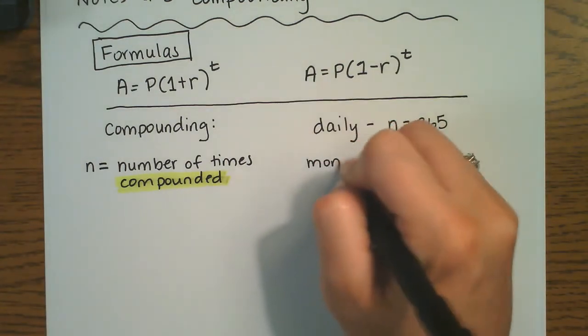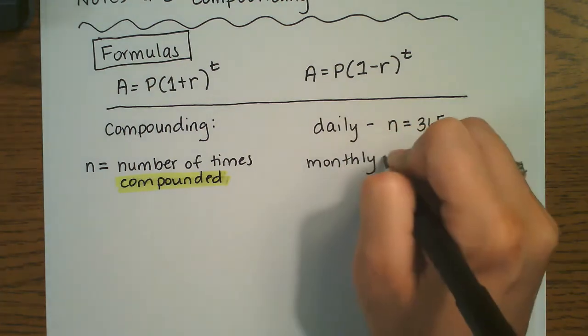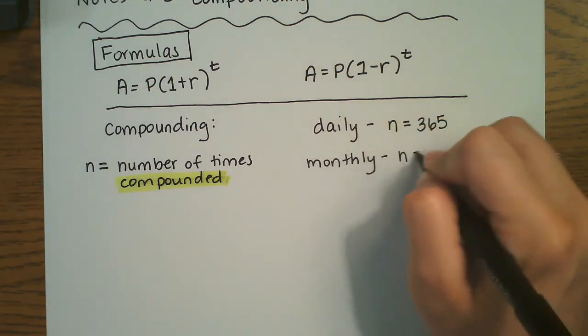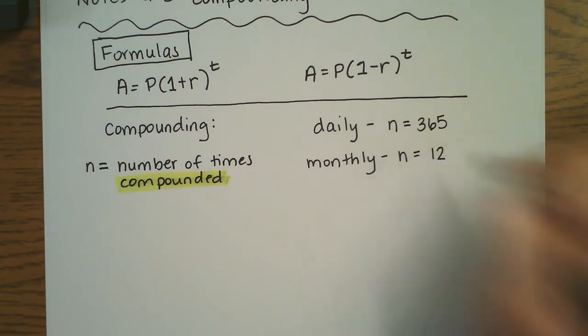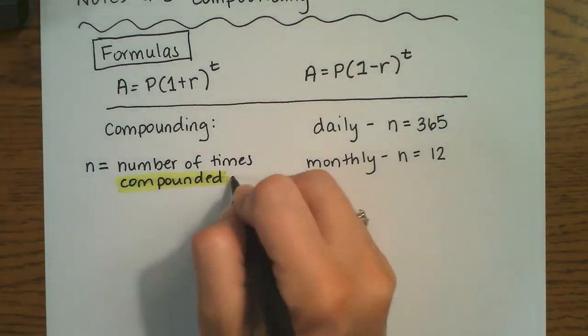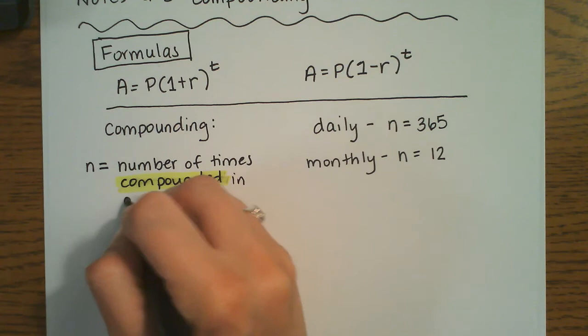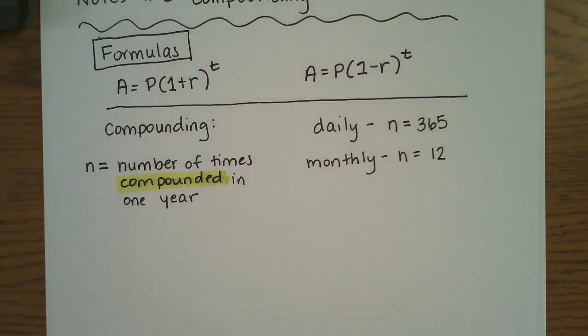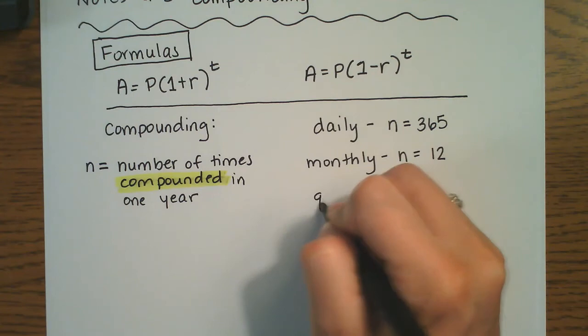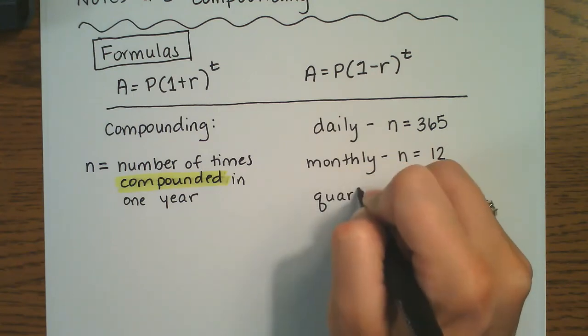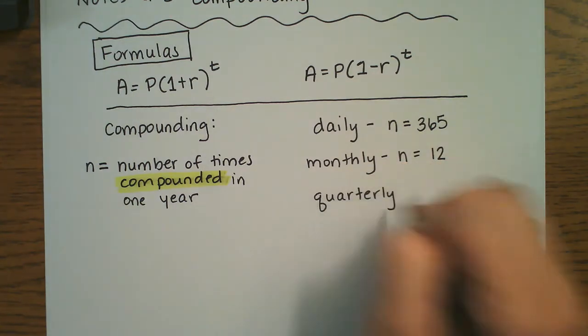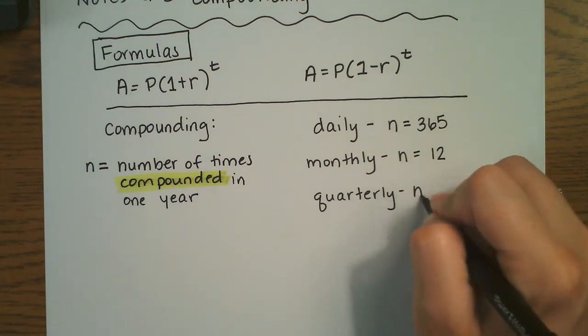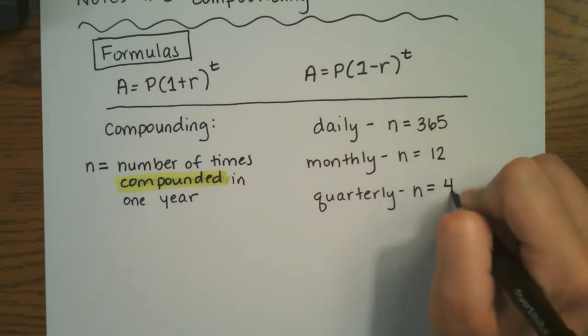Monthly, N is going to be 12. So it's in 1 year. Let's add that. Quarterly, N equals 4.